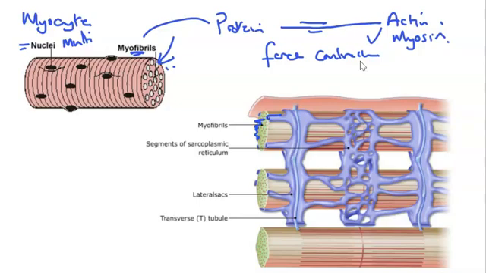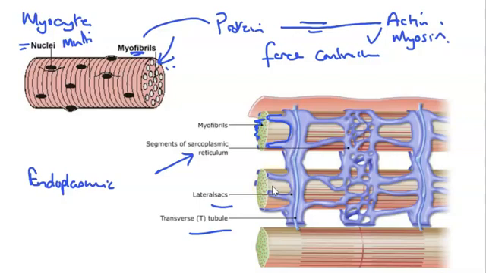Now, around these bundles of protein molecules called myofibrils, so here they are here, there is a complex tubular network. One could think of this as being like the endoplasmic reticulum, but adapted to the use in muscles. And so you can see that its actual name is the sarcoplasmic reticulum. And in various sections, it might be known as the T-tubules or the lateral sacs.